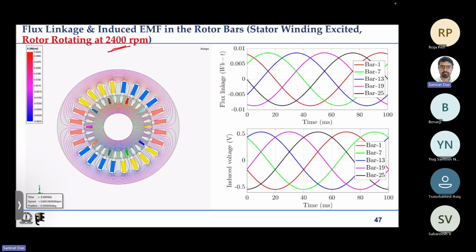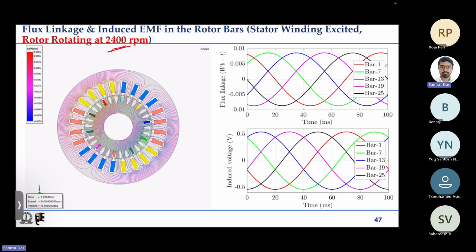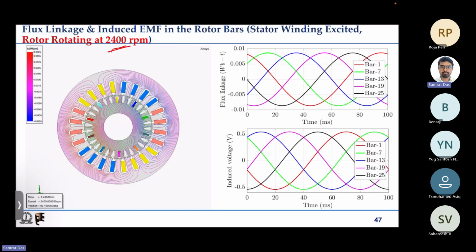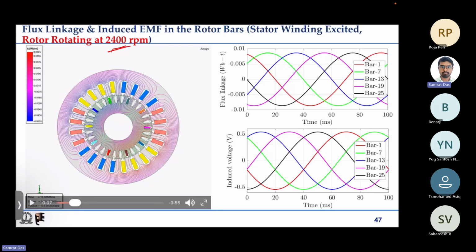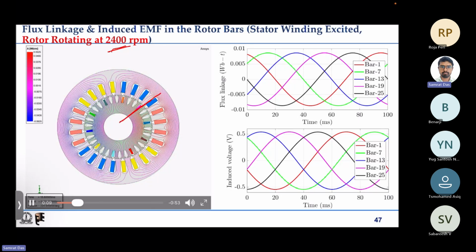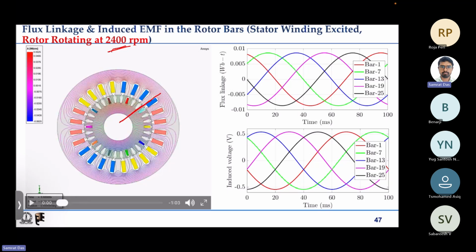We looked at the rotating magnetic field, and you can see, if I stop at multiple instances, the field is here after a certain time, so you have to mark some conductors.